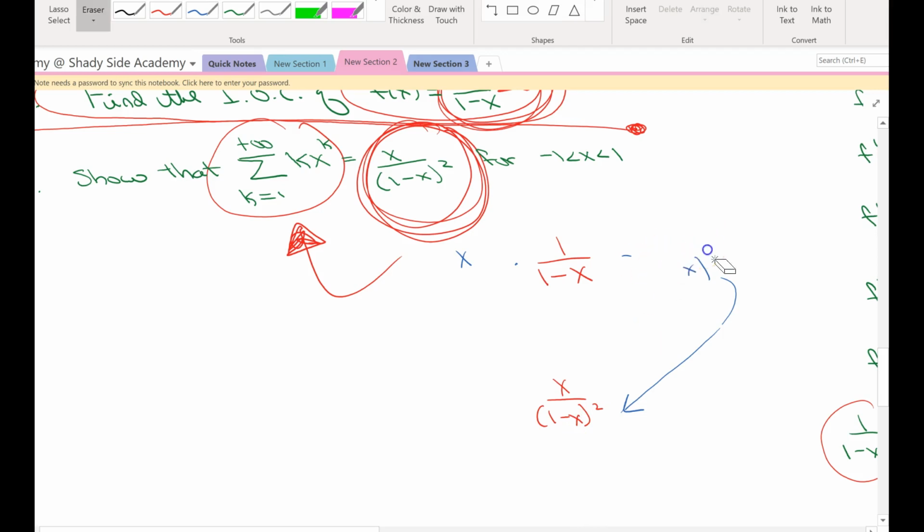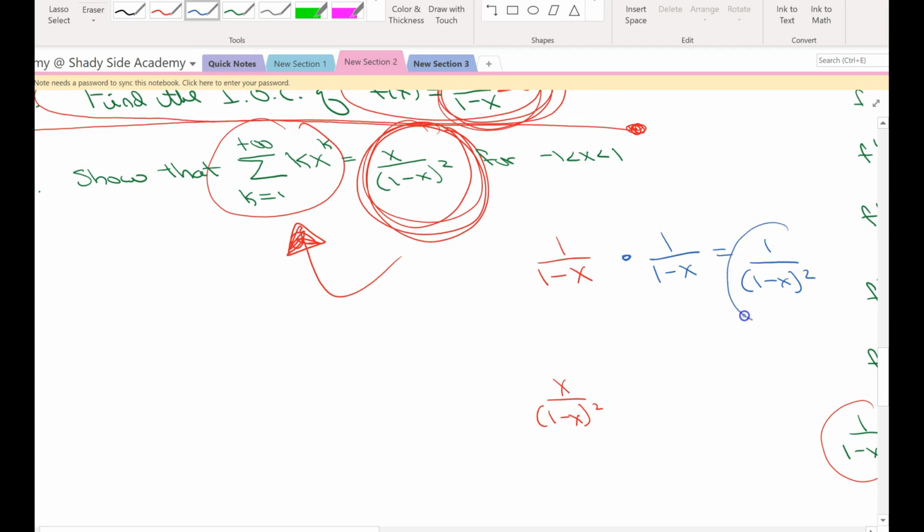So let's regroup. If I start with the Maclaurin for 1 over 1 minus x, and if I multiply this by the Maclaurin of 1 over 1 minus x, right? This will then give me 1 squared, which is just 1 over 1 minus x squared.